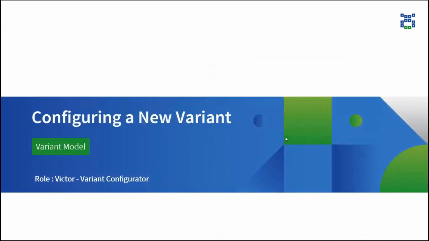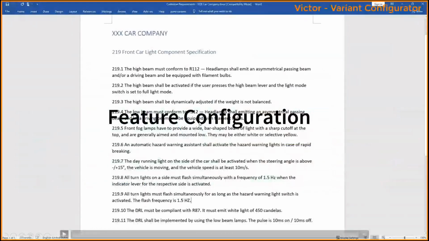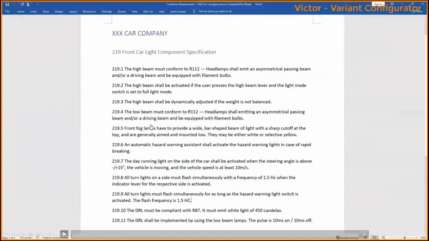Okay, now I will show you a running example of how change management related to PLE tasks can be done with this PLE variants and Jira integration. We start with configuring a new variant, and Victor, the variant configurator, will do this part of the job. Okay, now let's say Victor, the variant configurator, has already got this requirements from a new customer.